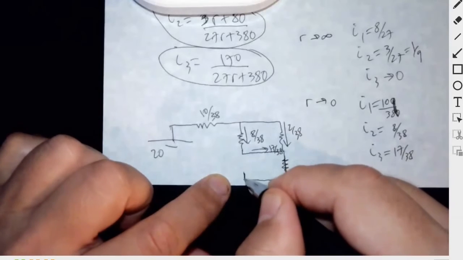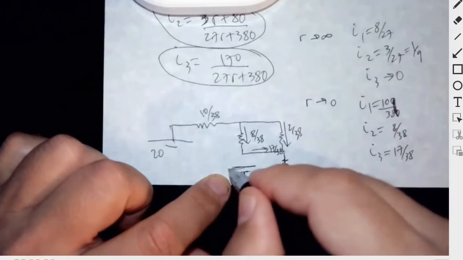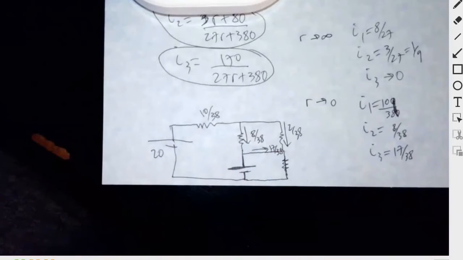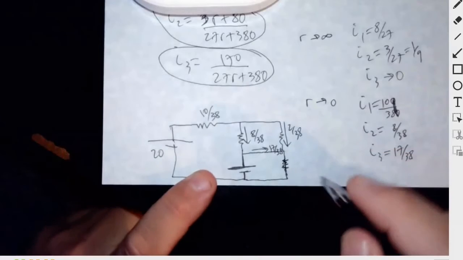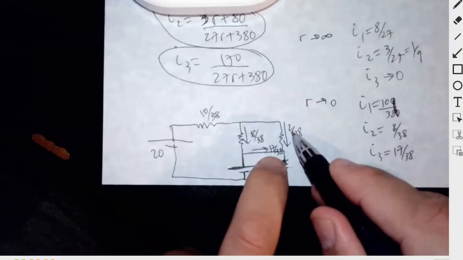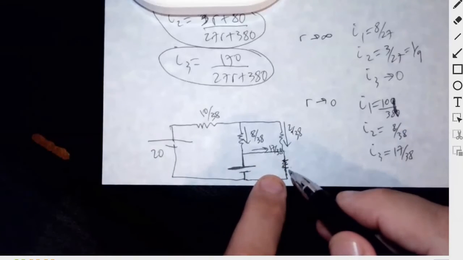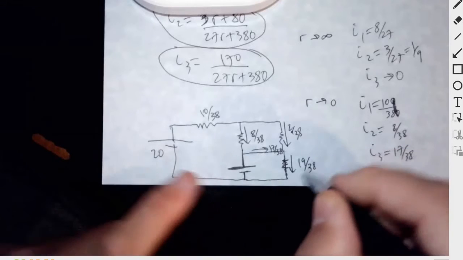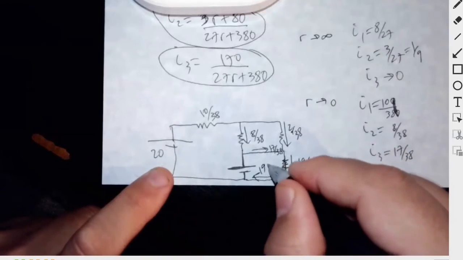And we have a battery like this. So I'm trying to see if really we could make sense of it. And then this is going to be what? These two join up. So it should just be 19 over 38. And then 19 over 38 comes like this.